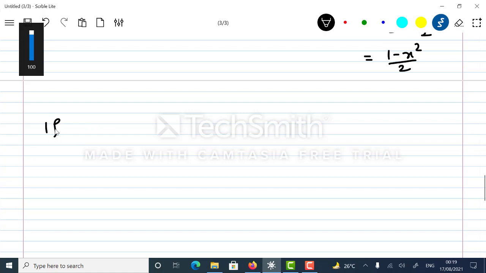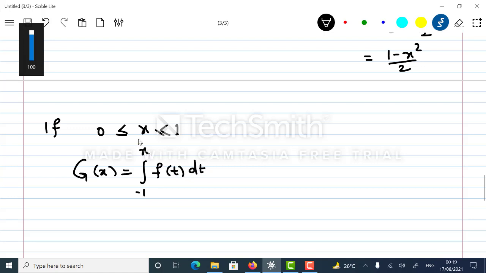If x is between 0 to 1, in that case I need to find out my g of x. G of x is again the integral from -1 to x of f of t dt. But x is between 0 to 1, so I need to split at 0. So what I'll do is the integral from -1 to 0 of f of t dt plus the integral from 0 to x of f of t dt.